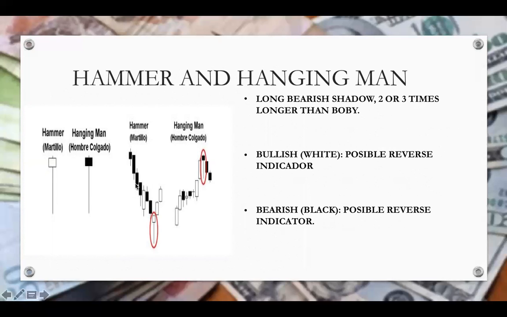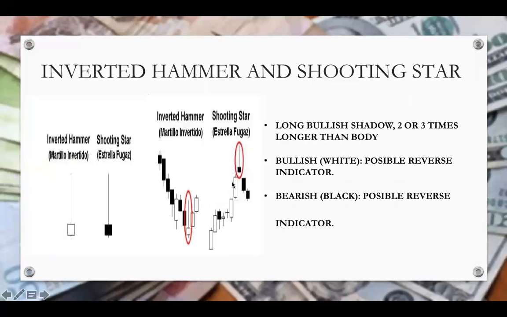You can see, here we go, 1, 2, 3. The tail is longer than the body. This is bullish, this is bearish, this is the hammer. You can see how the hammer looks. The hanging man, okay, so someone is hanging a man with a tail, right, a long tail. That's how it is. Hopefully it's making sense.